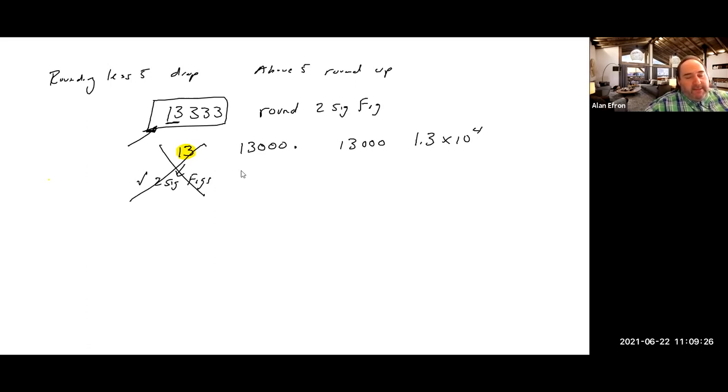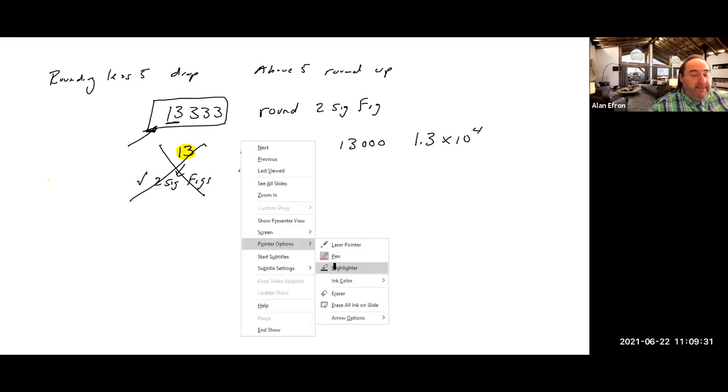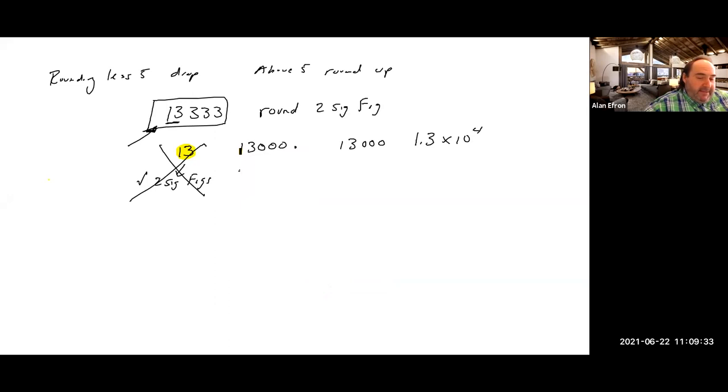Now let's take a look at this guy, 13,000 with a little decimal point hidden at the end. That means that this is significant, and because there's a decimal point in this number, that means the rest of these zeros are also going to be significant.